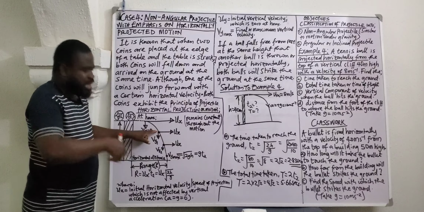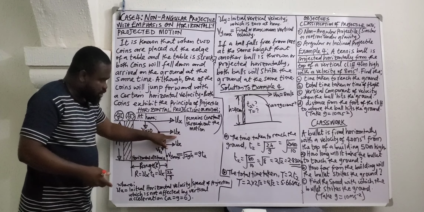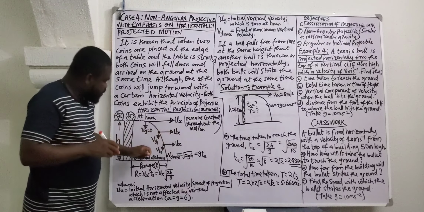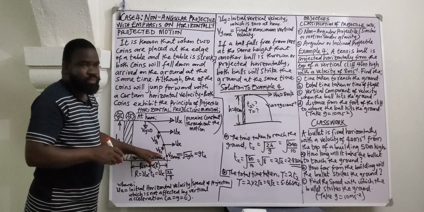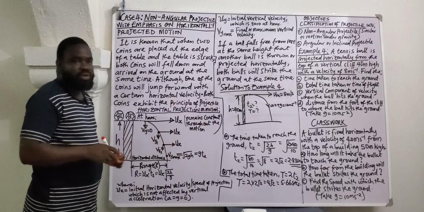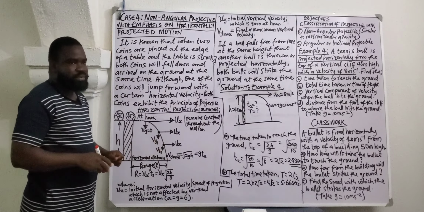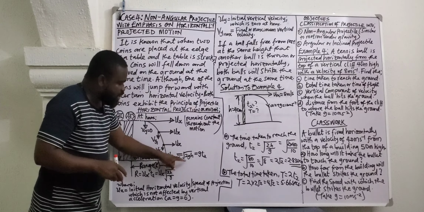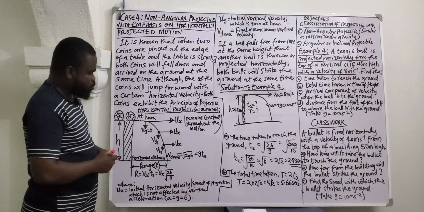It increases to a value vy1, but the horizontal velocity is still constant. It increases further, vy2, but the horizontal velocity is still constant. And then it will be a maximum before it hits the ground, which we get using this formula, root 2gh, or g times t2.